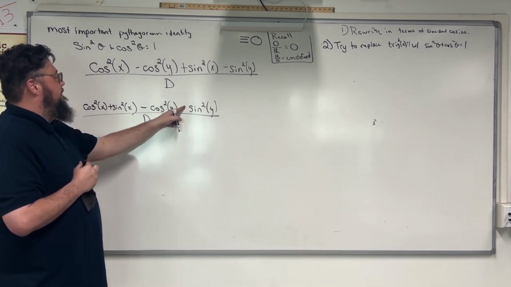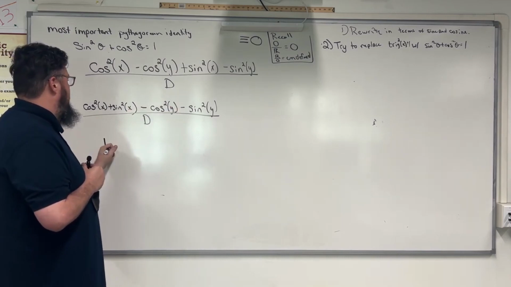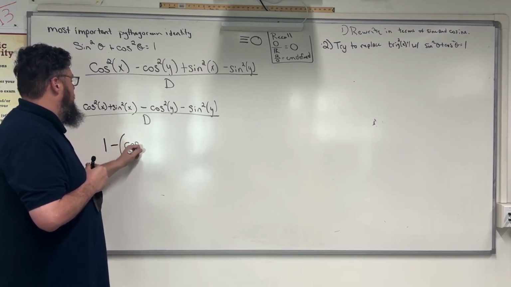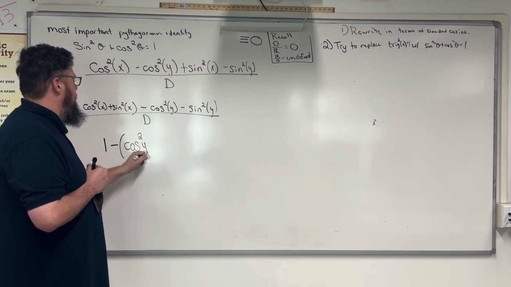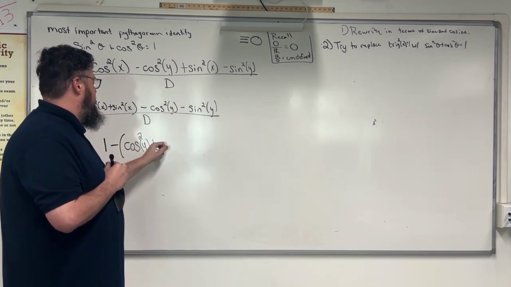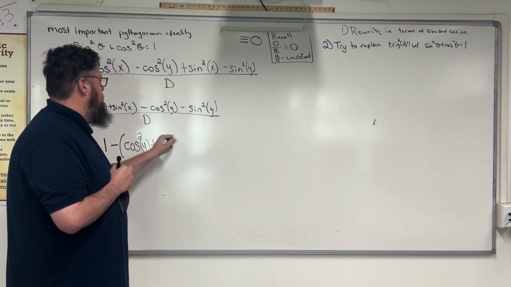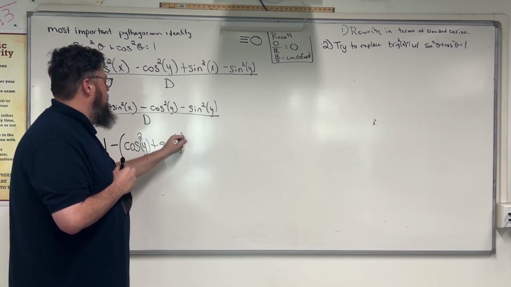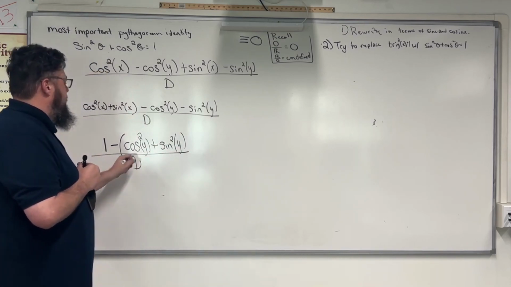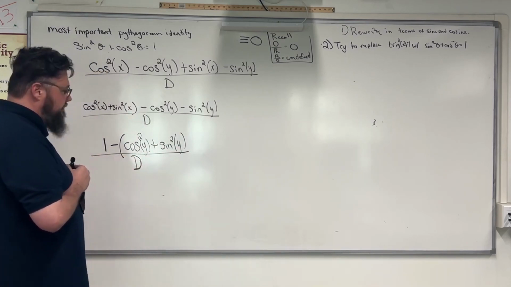Let us instead factor out this negative sign, and I'll show you the steps for it. Because I factored the negative out, that becomes positive. And of course, that's still over that same giant denominator.